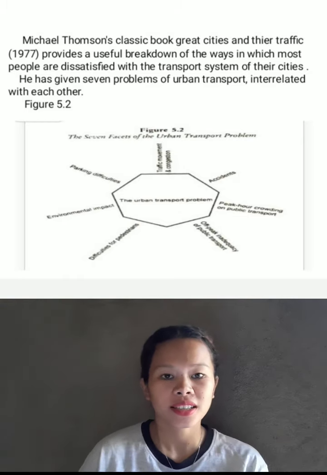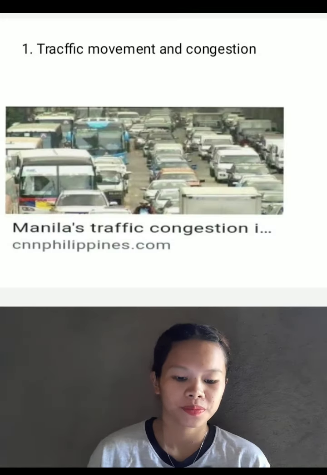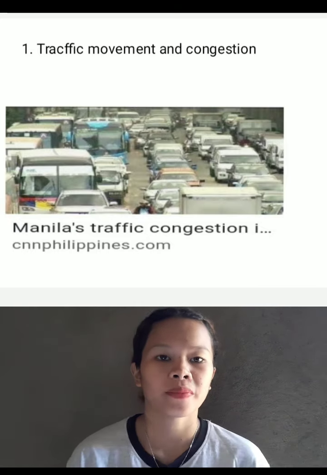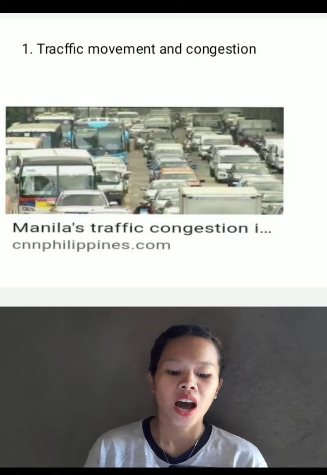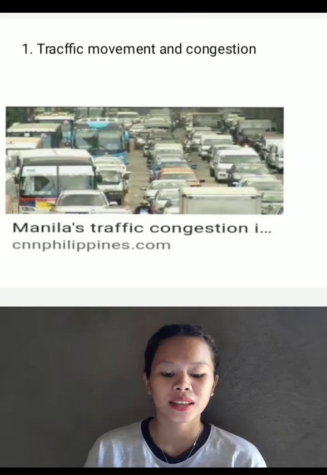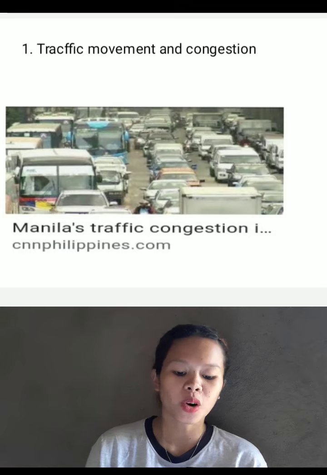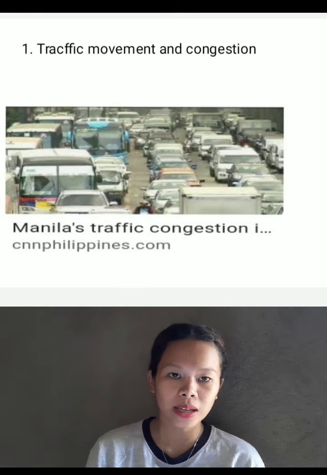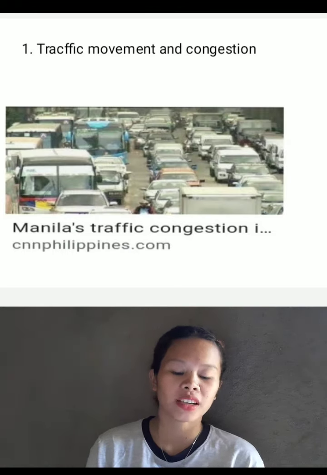First is traffic movement and congestion. Traffic congestion occurs when urban transport networks are no longer capable of accommodating the volume of movement that use them. The location of congested areas is determined by the physical transport framework and by the patterns of urban land use and their associated trip-generating activities.